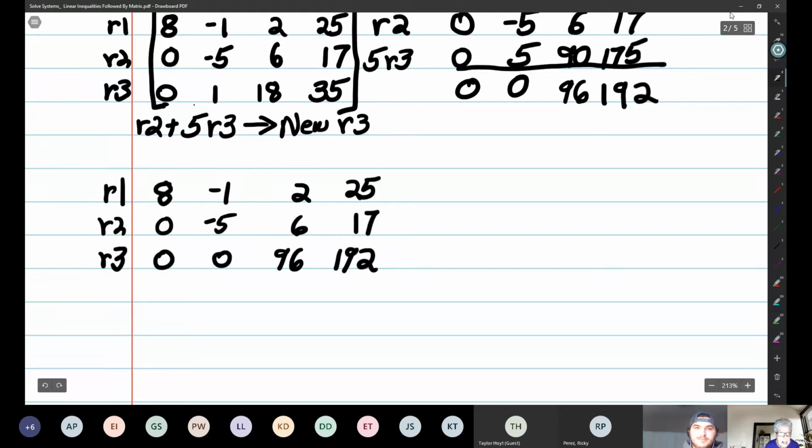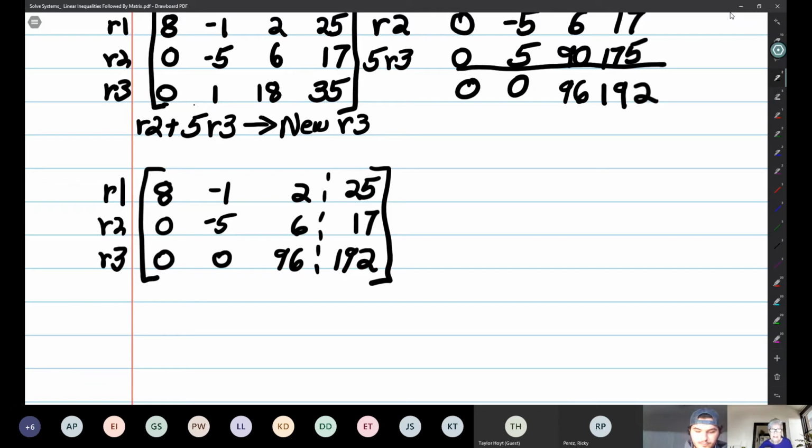And this is our last matrix. Because what we're going to do now is back solve.